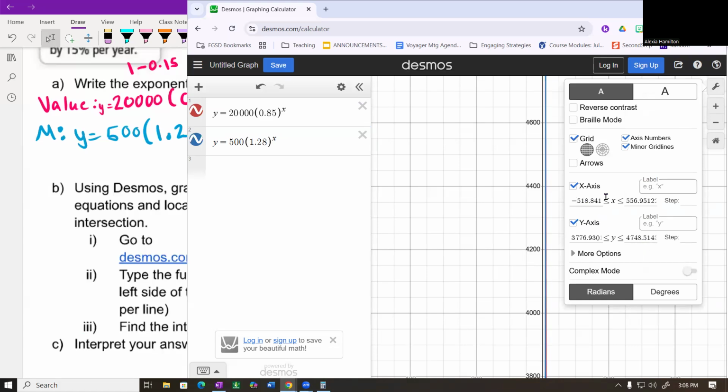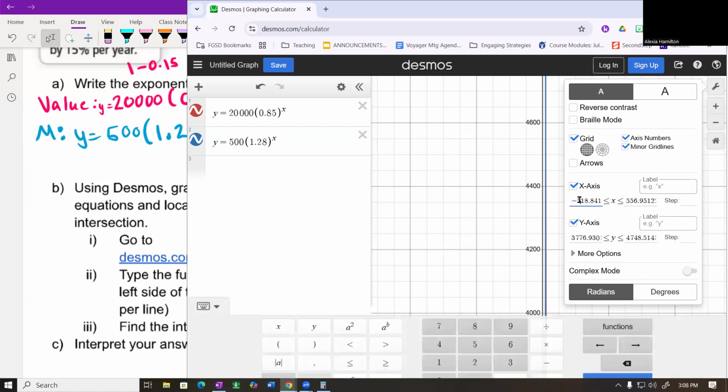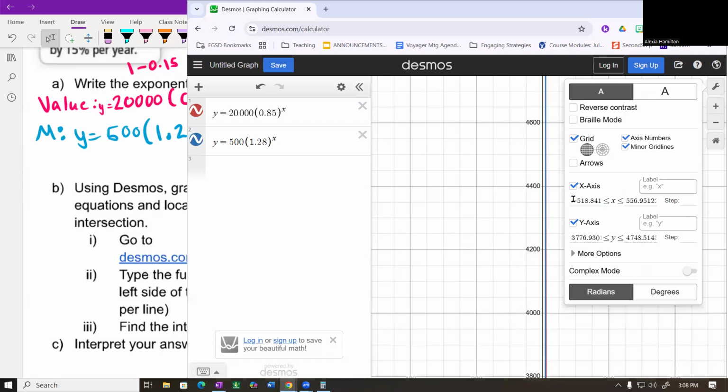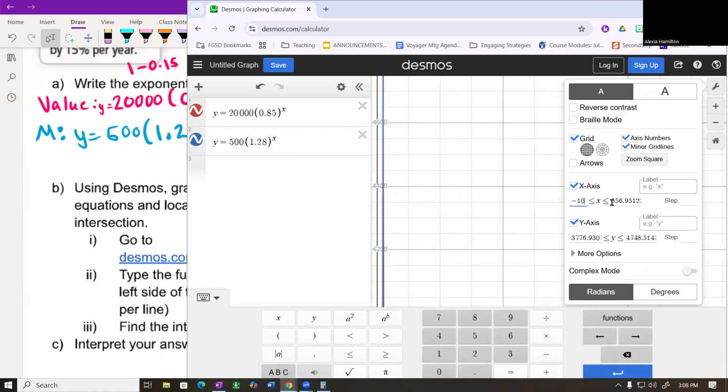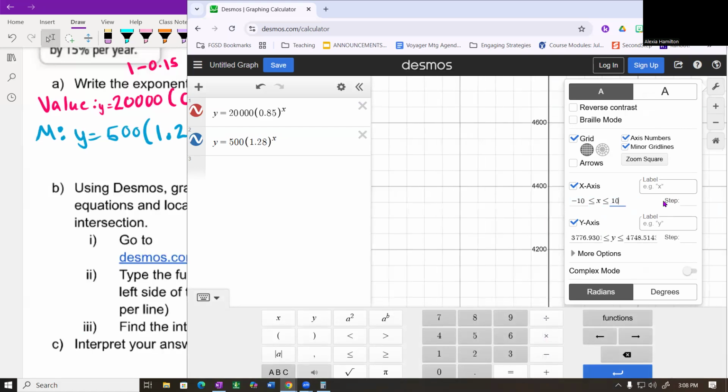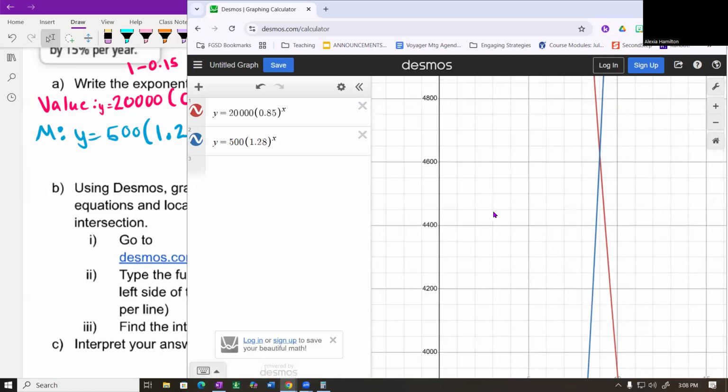And if I look at my x-axis, I'm going from negative 500 to positive 500. I don't need to be that zoomed, that squished on the x-axis. So let's just make it a negative 10 to a positive 10. And then it's a whole lot easier to see that the lines actually cross.